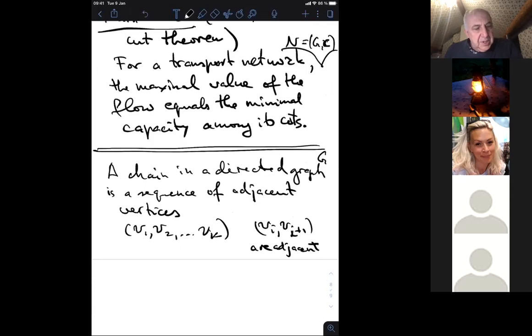And now we say that an edge E is a forward edge if it goes from Vi to Vi plus 1, so we go forwards.